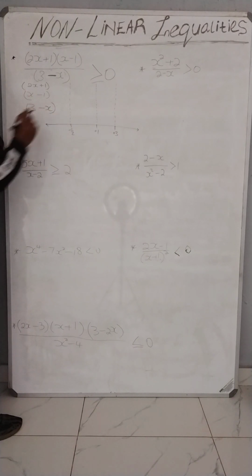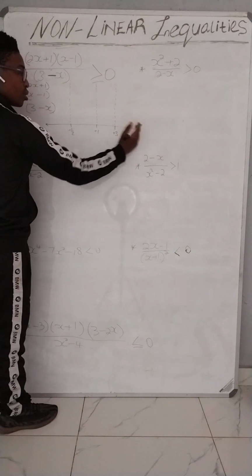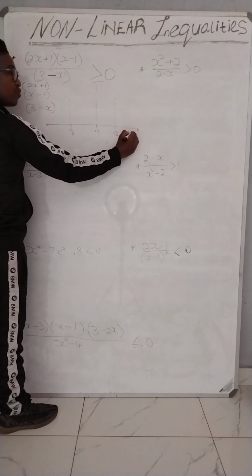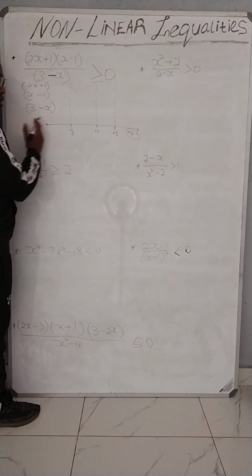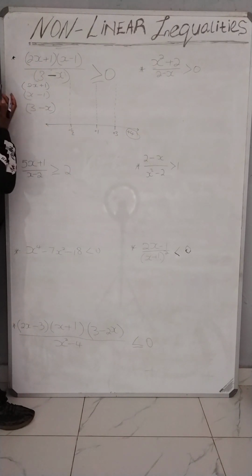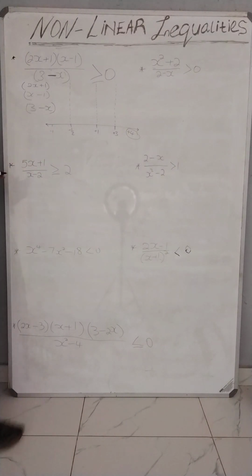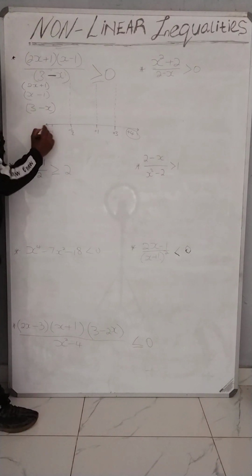Now I want you guys to look at this. On this side of +3, you're gonna have a +4. On this side of -half, you're gonna have -1, -2, so on and so forth. The reason why you write this is you're gonna be using these values.